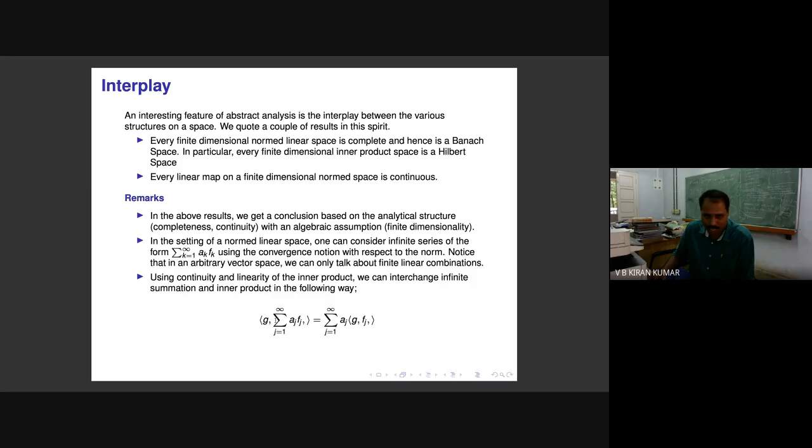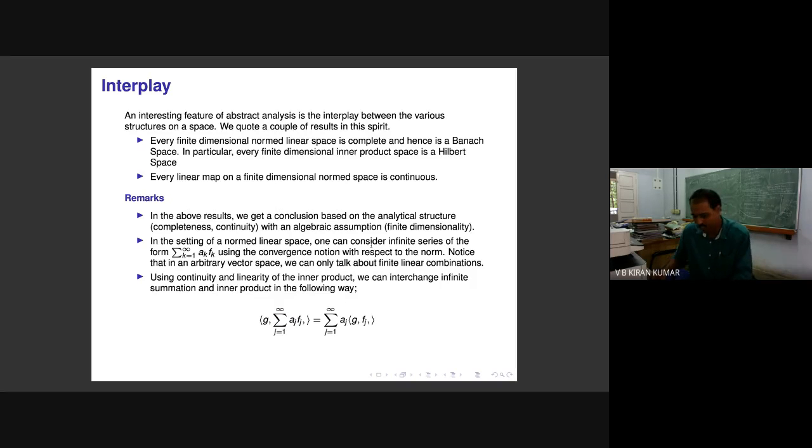Earlier we observed that we can interchange the finite sum in the second variable. But for an infinite series, you denote it by the limit of the nth partial sum. The limit you can take out because of the continuity of the inner product. Then by linearity, you can take the finite sum. Then again apply the limit, and you will obtain this. So you can interchange the infinite sum in the second variable. You can do it in the first variable also, but a bar will come.